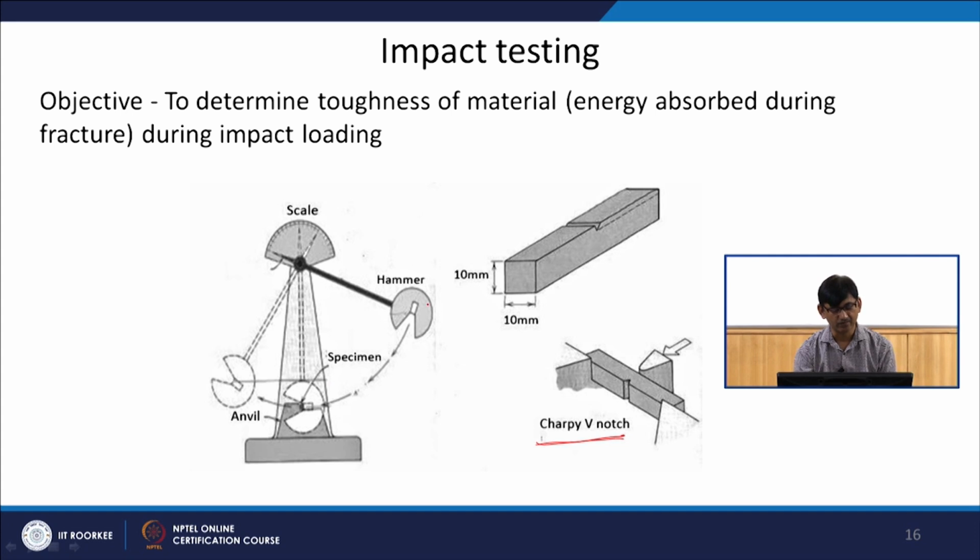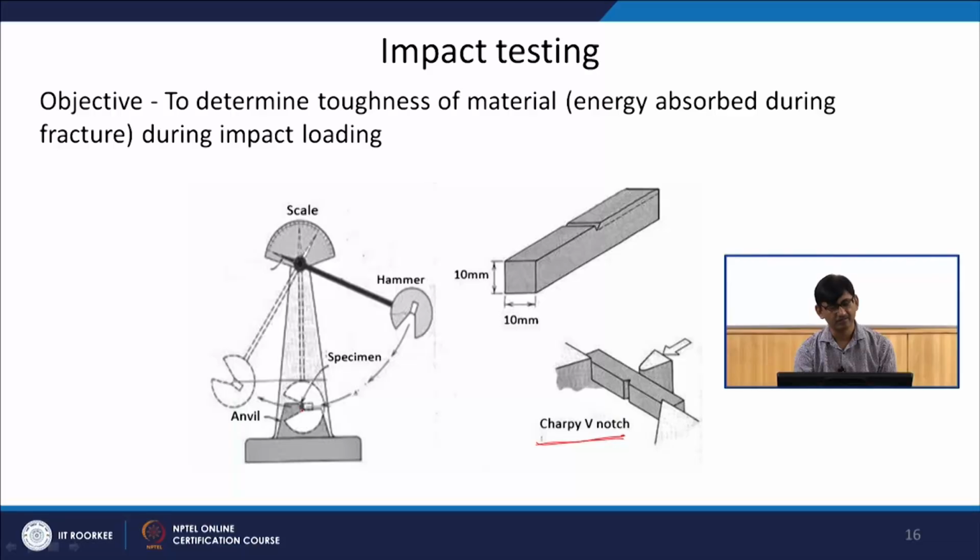That potential energy converts into kinetic energy, so at this point it will have maximum kinetic energy, and it will hit the sample and then go to the other side. Whatever energy is absorbed in the fracture of this sample, that much less energy will be there for it to swing to a certain height. That height difference will give you an idea of how much energy is absorbed in this process. So, this is a typical impact test.